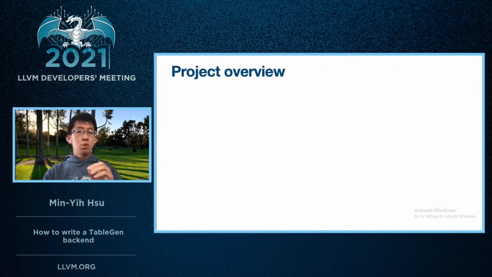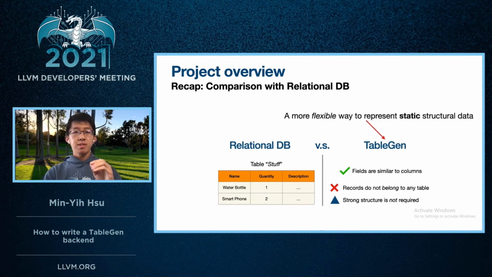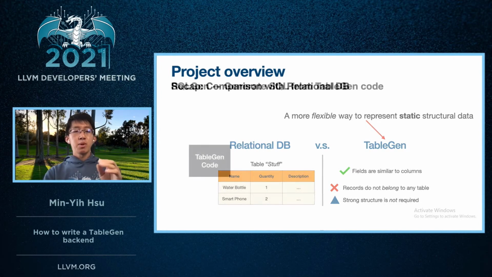In the rest of the talk, we're going to motivate our discussion using an example project. Recall in the previous slides, we've shown that TableGen is a more flexible way to represent static structural data, compared to a relational database.